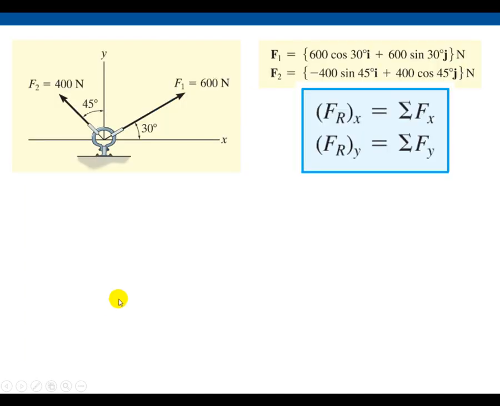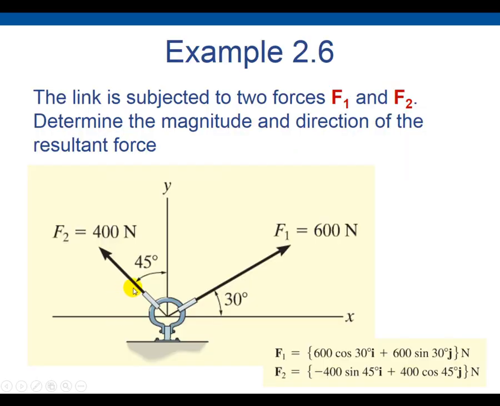This is another 45 degree. You can say either cosine 45 degree, or you can also use this 45, but in this case we can use sine here to calculate the x component. For the y component, 400 Newton times cosine 45 degree. So in this case, 400 Newton cosine 45 degree j.